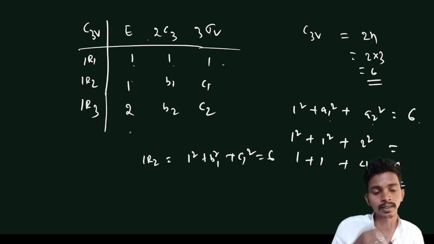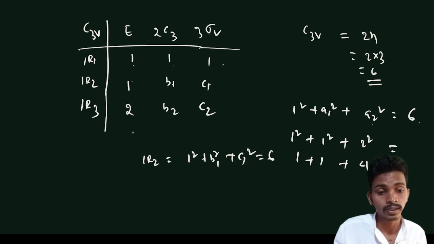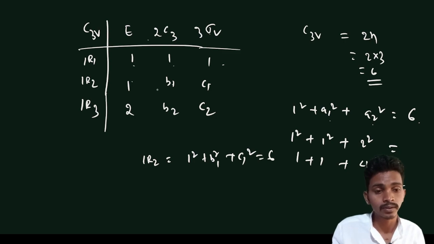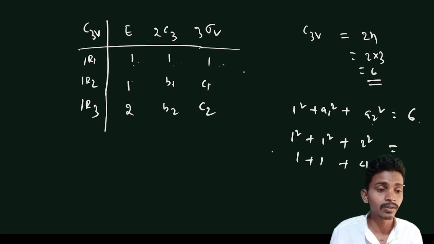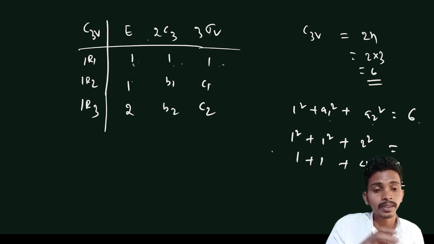We said that in postulate 2 or 3: for any irreducible representation, the sum of the squares of the characters is always the order of the group. And the product of any two irreducible representations is always orthogonal, meaning the product value is always 0.